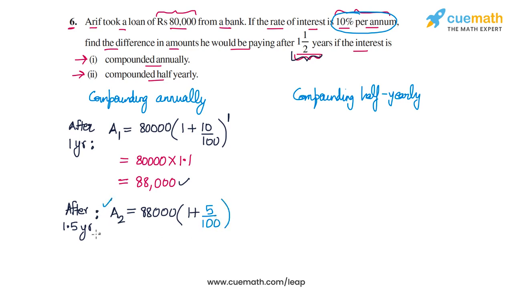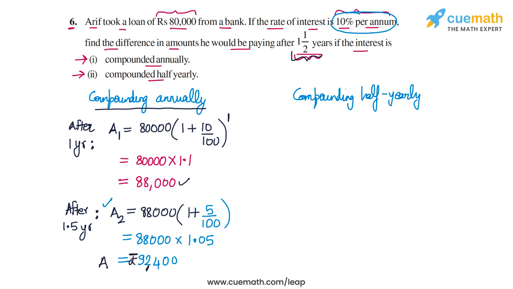This is basically a simple interest calculation. So this is equal to 88,000 into 1.05, which is 92,400.